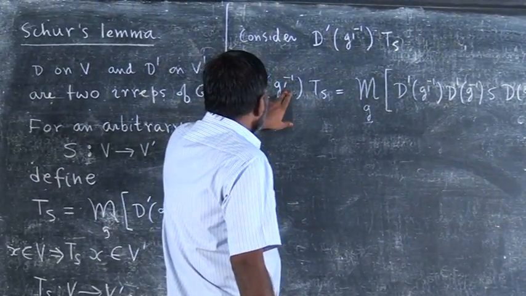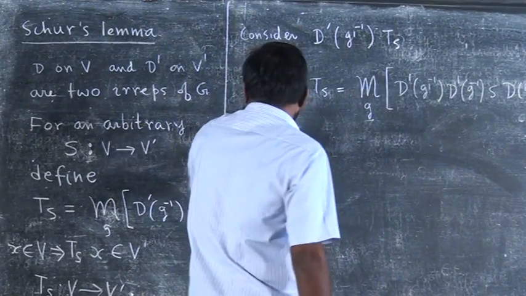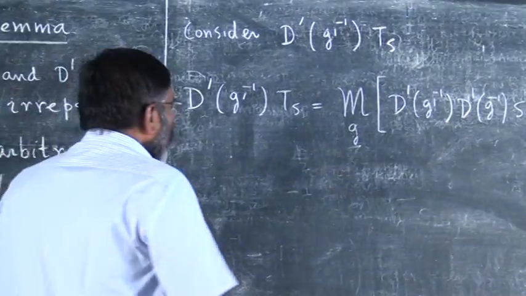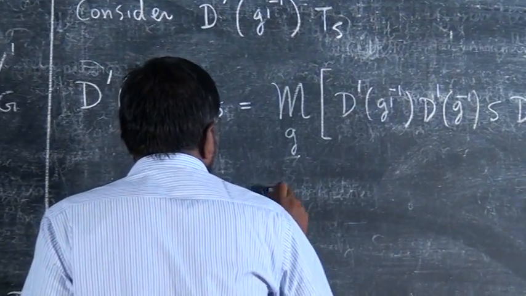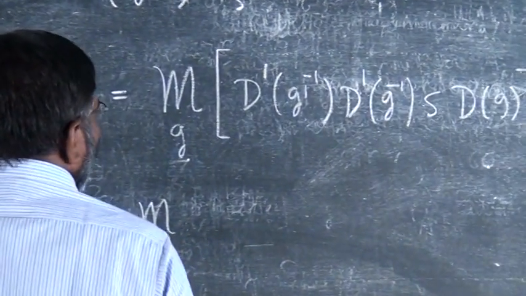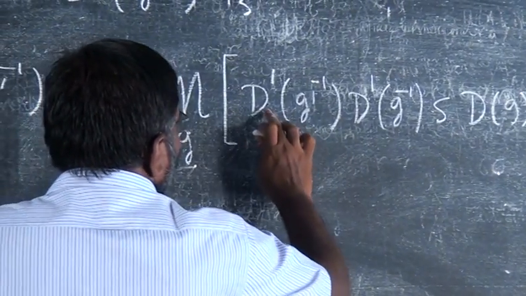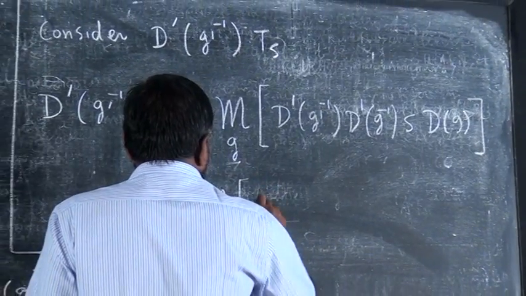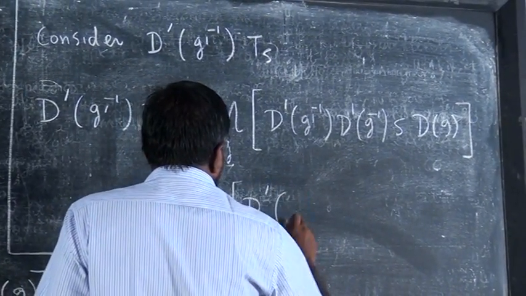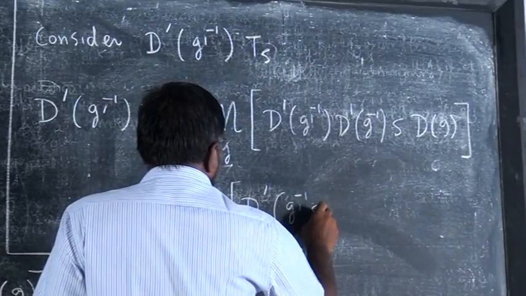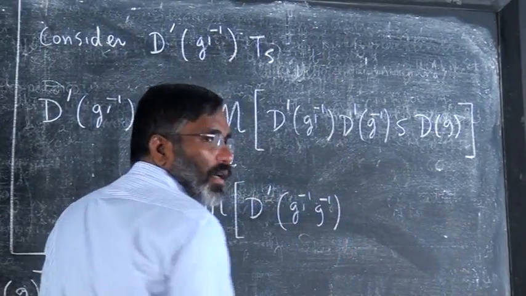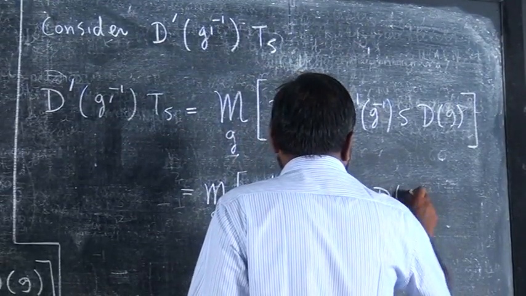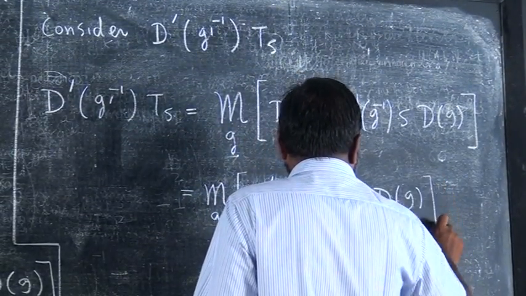So D prime of g prime inverse into T_S, I will take D prime of g prime inverse inside. From the definition of representation, this is nothing but D prime of g prime inverse into g inverse, correct? Because this preserves the group multiplication table, D of g.